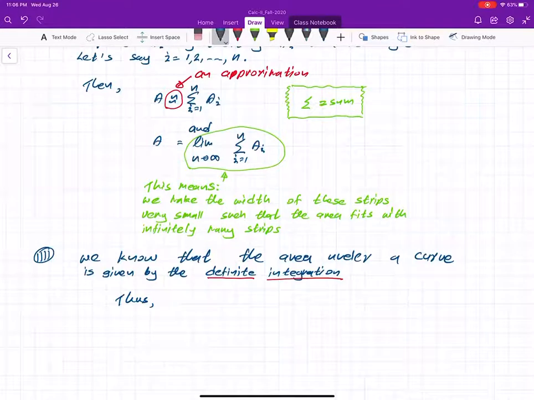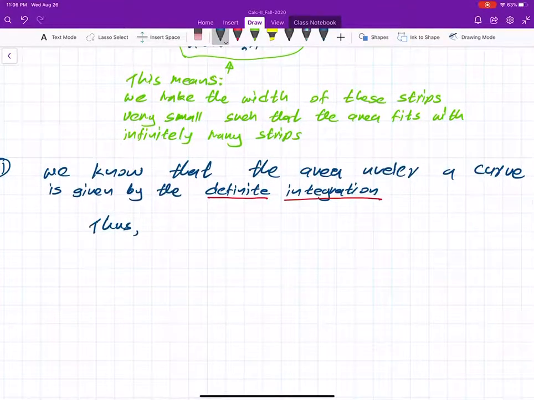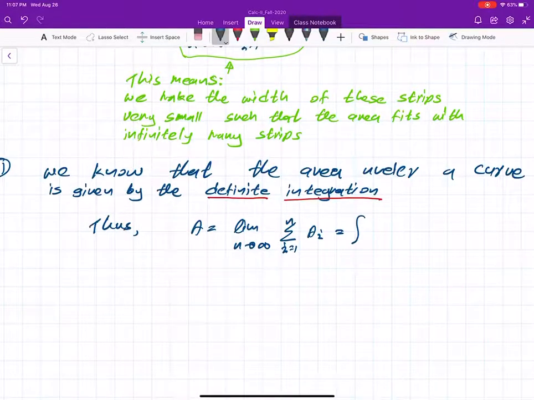So the area should be this limit. This area is the same as the definite integration.